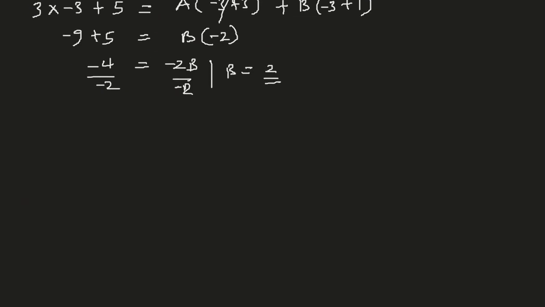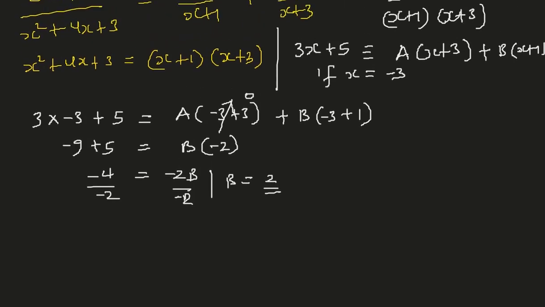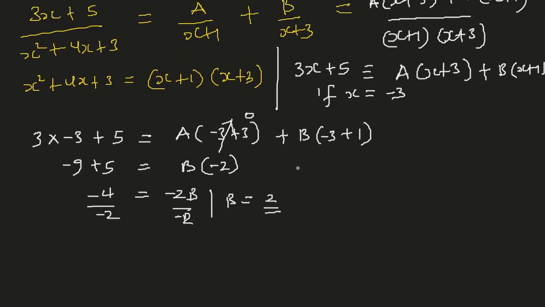Let's go and find the value of A. So what's the value of A? It means I have to choose another value of x that will make sure that this B will disappear, so that we can find A. So what value of x can I use so that the B disappears?